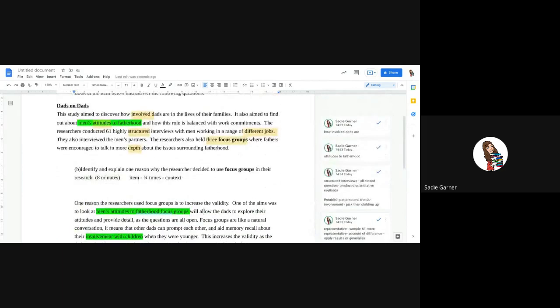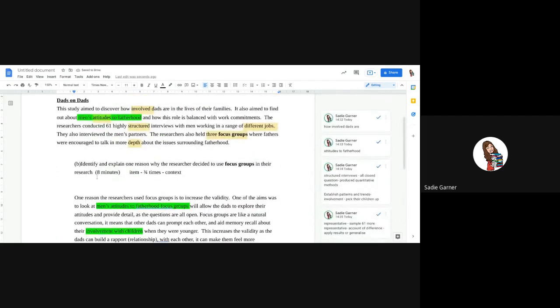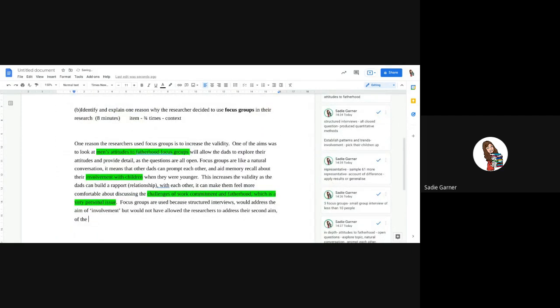The structured interviews would have allowed them to address the aim of the involvement, but it would not have allowed the researchers to address their second aim, not the level of involvement, but the men's attitudes to fatherhood.